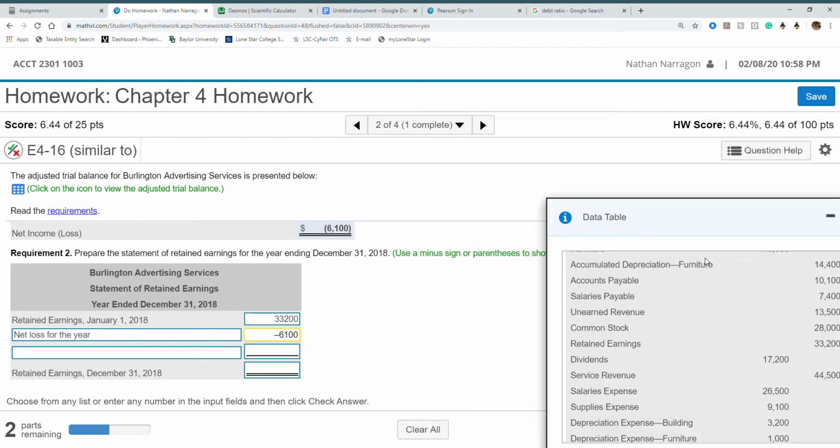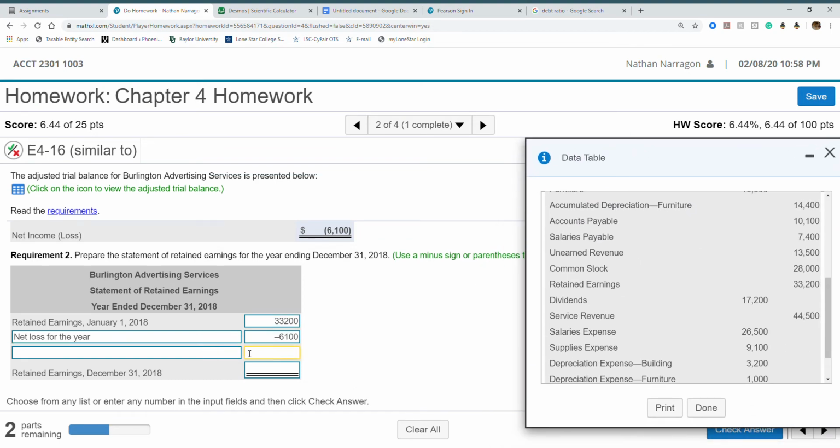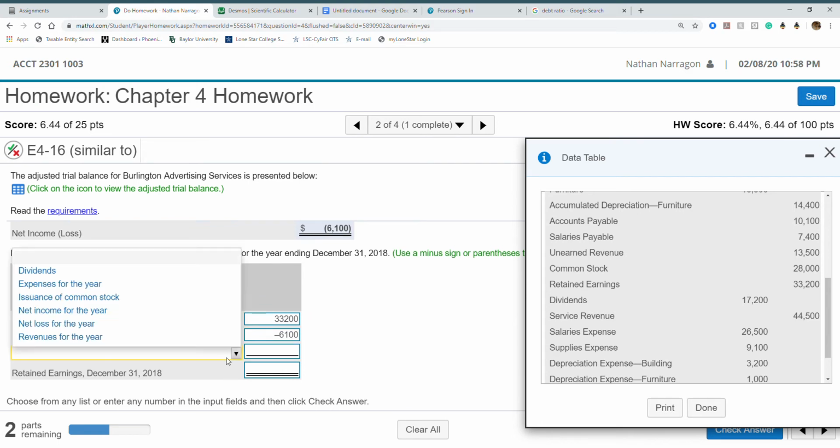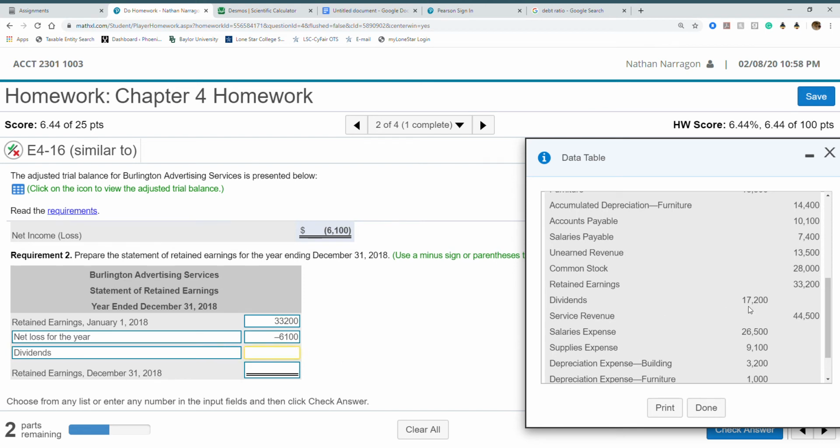And this is actually saying, yep, use the minus sign or parentheses to show the loss. So there's our negative. And then of course we take our dividends, and we have 17,200 in dividends. Wow, this company had net loss and they still paid out dividends. Way to go for them. And of course we always subtract dividends, so I don't have to put negative there.